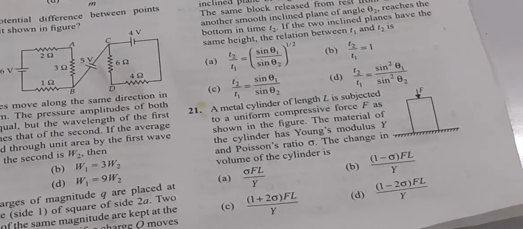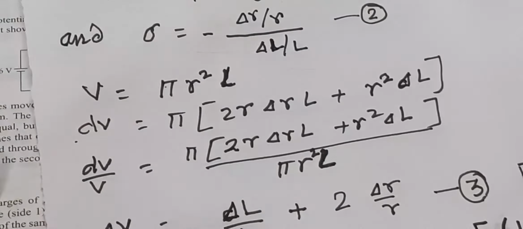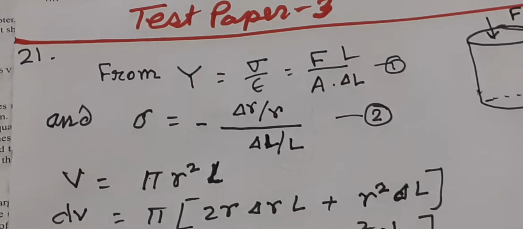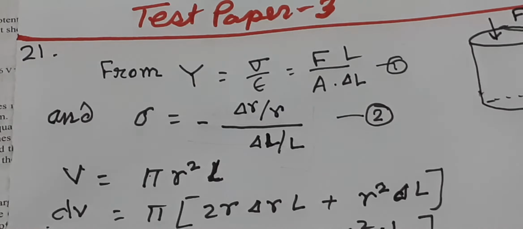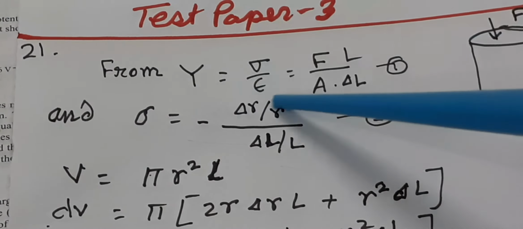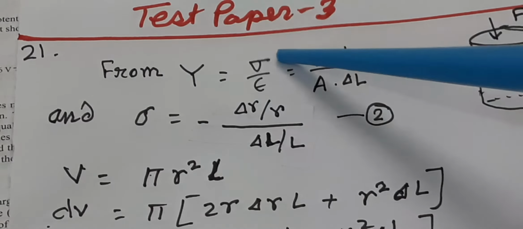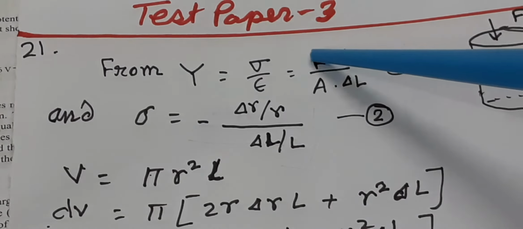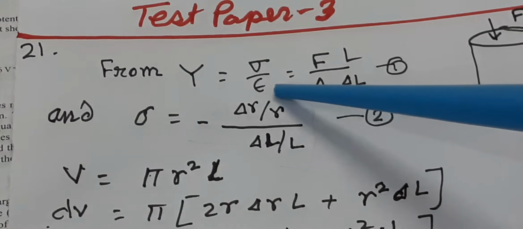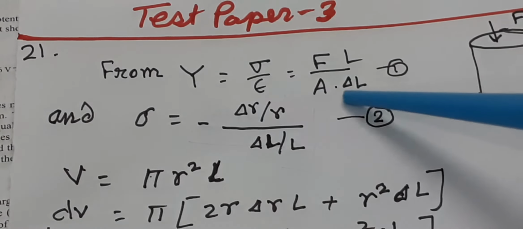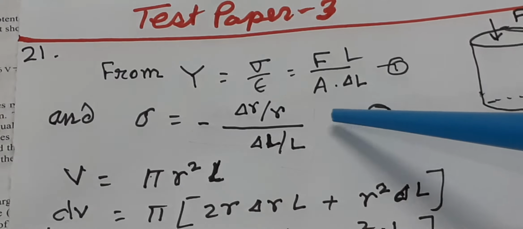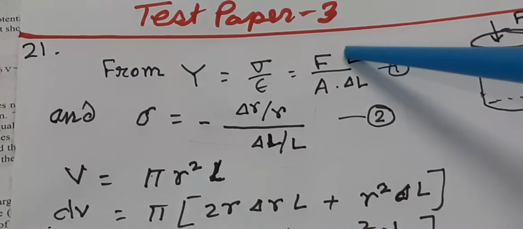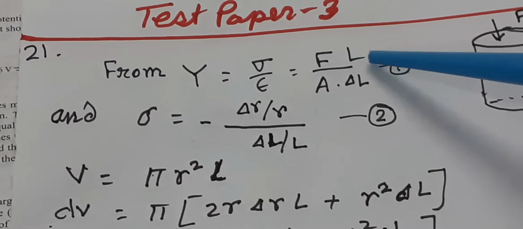Now as we know, Young modulus equals longitudinal stress by longitudinal strain. Here instead of stress we can write force per unit area, and instead of strain we can write delta L divided by L, and a capital L will come in the numerator.